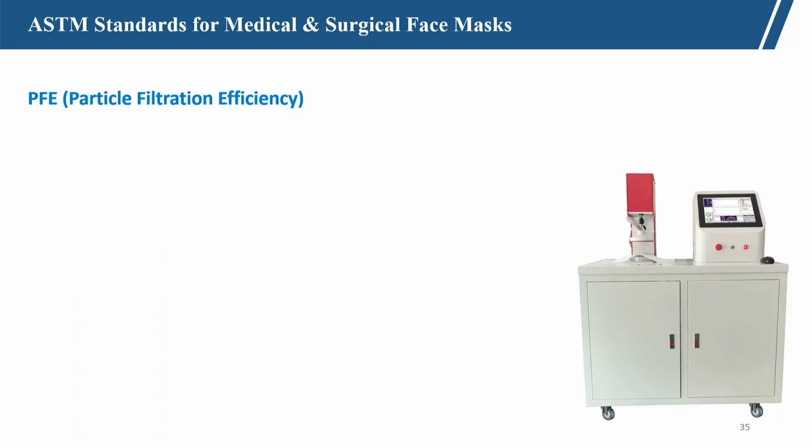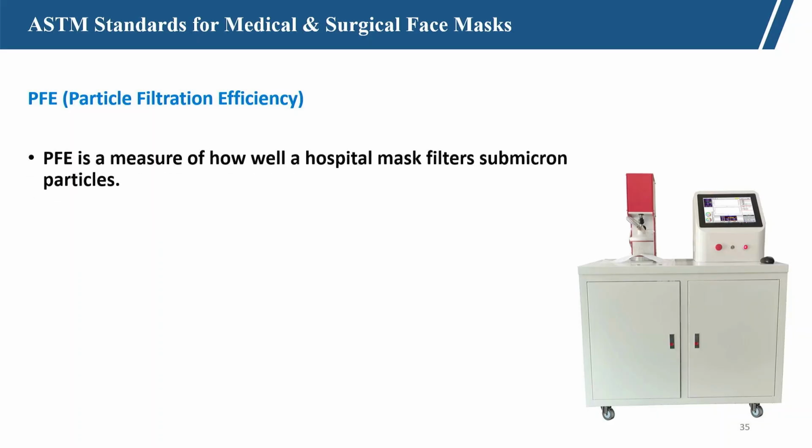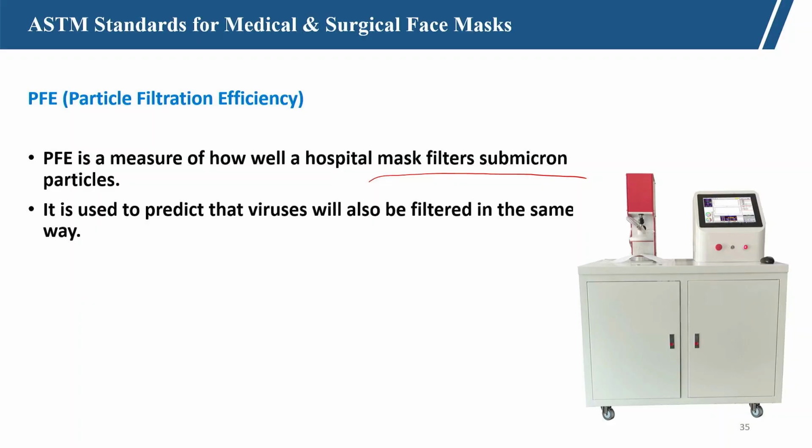Another part is the particle filtration efficiency test. It is a measure of how well a hospital mask filters submicron particles. It is used to predict that viruses will also be filtered in the same way. The assumption is that if fine submicron particles are filtered out, the mask should protect us from the virus also.